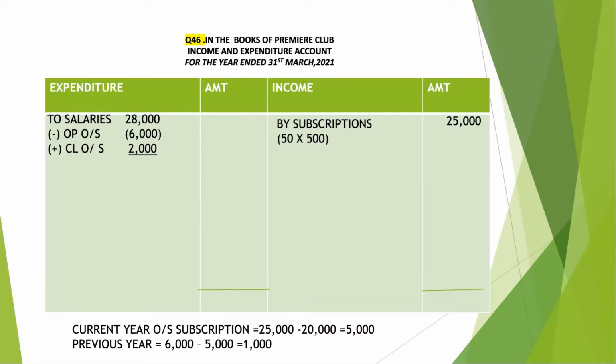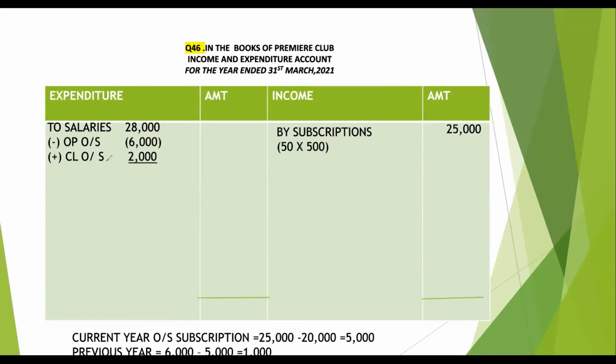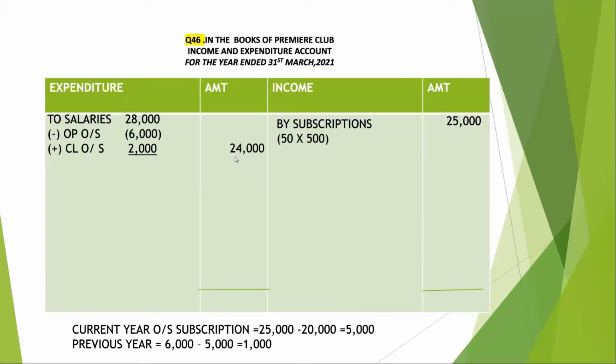So closing outstanding relates to the current year, therefore it will be added, and opening outstanding relates to the previous year, so this amount will be subtracted. After adjusting both the outstanding balances, we will get an amount of rupees 24,000.